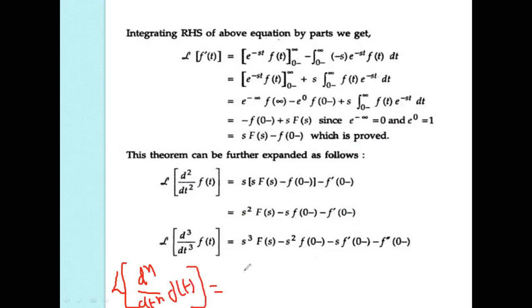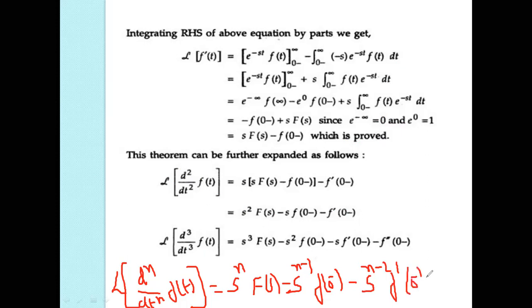is equal to s power n F of s minus, and the power decreases. What is decreasing here? The n minus 1: s power n minus 1, f of 0 minus, minus, and still it decreases, s square, and so s power n minus 2, f dash of 0 minus, and so on.